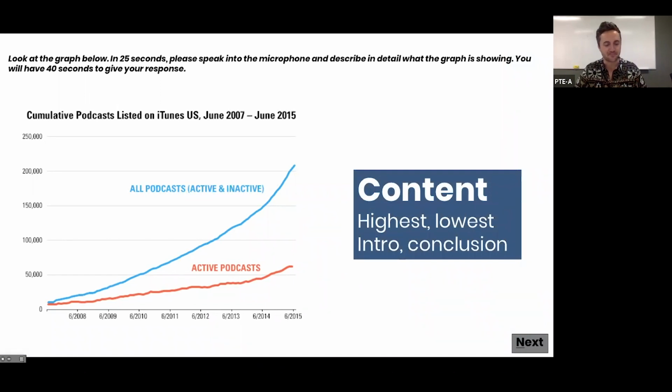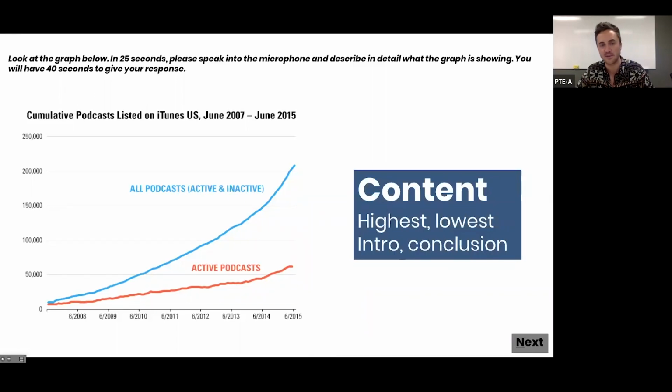Content means you're talking. You're not labeling the image. You're not saying there's a blue line, there's a red line, there's some black lines. I can see the word 250,000. This is not correct, and don't do this. What you're doing is describing the trends within the graph. So you're talking about all podcasts.